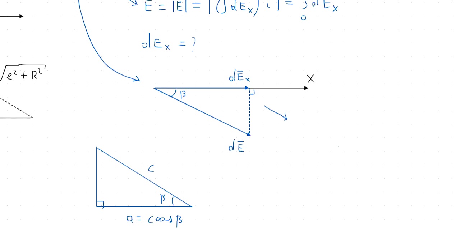So dEx is equal to dE multiplied by cosine beta.